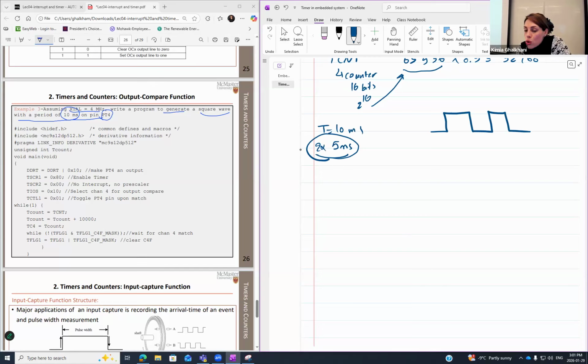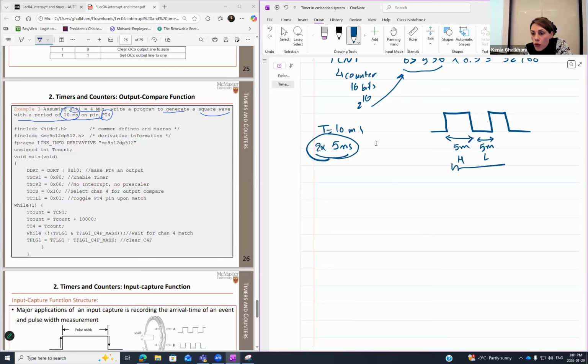Because it is a square wave, 5 milliseconds is high and then another 5 milliseconds is low. That's why I can say, instead of this, 5 high, 5 low. Now, in order to do so, I have to say 5 milliseconds over 0.5 microsecond.